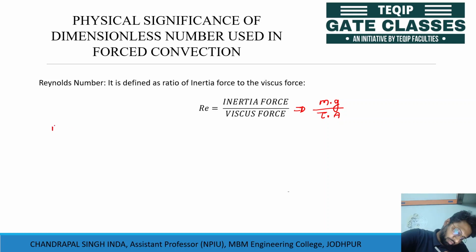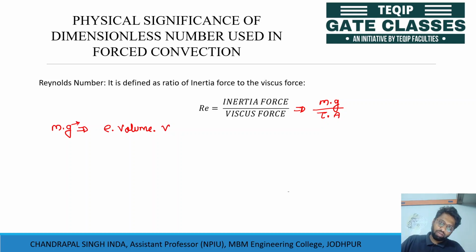This mass will be equal to rho into volume, and the acceleration can be represented by the rate of change of velocity per unit time, v by t.